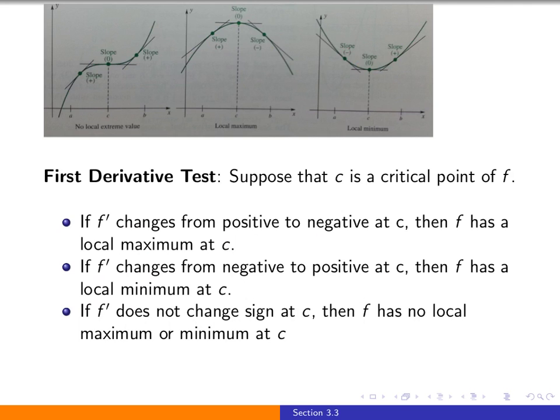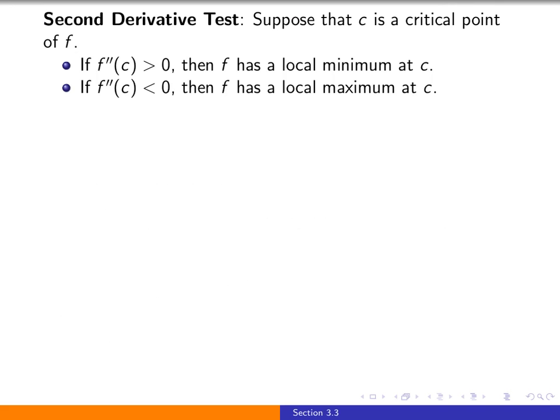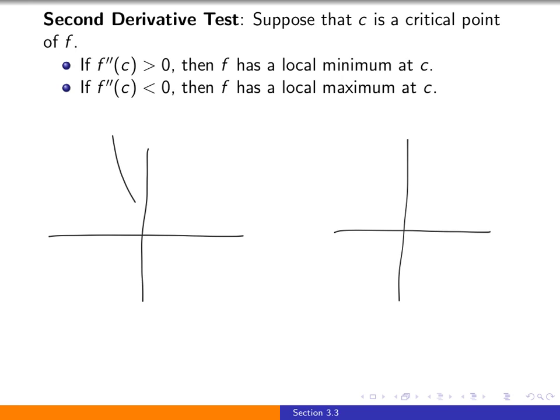So let's see how we can use this in a specific example. Oh, before using this in a specific example, let's discuss the second derivative test as well. If we have a critical point, we can also use the second derivative to classify it, and two simple pictures really illustrate this. So if we have a function that looks something like this, and we have a critical point at C, note we know this is a critical point because the tangent line is horizontal.